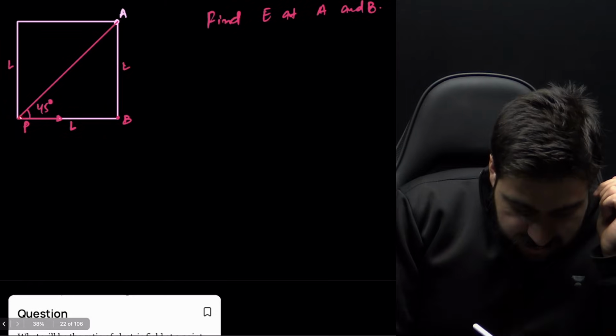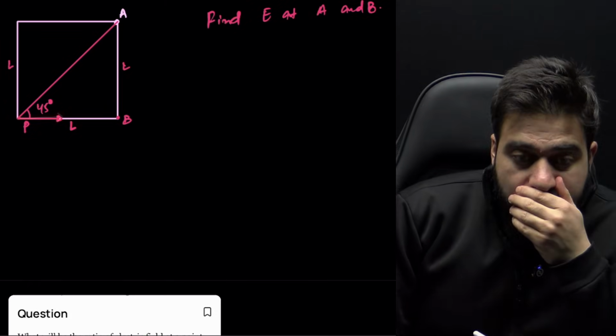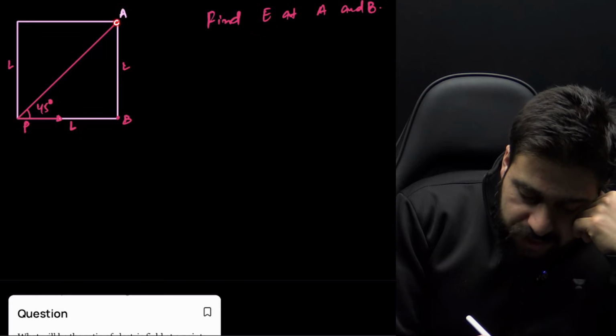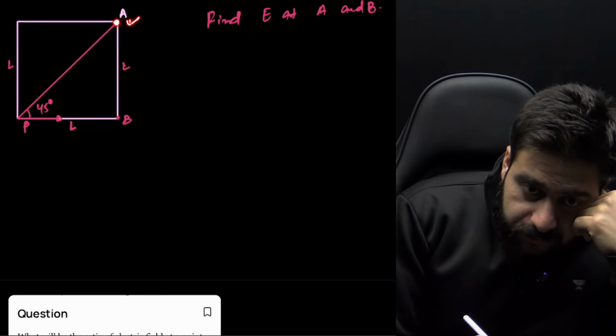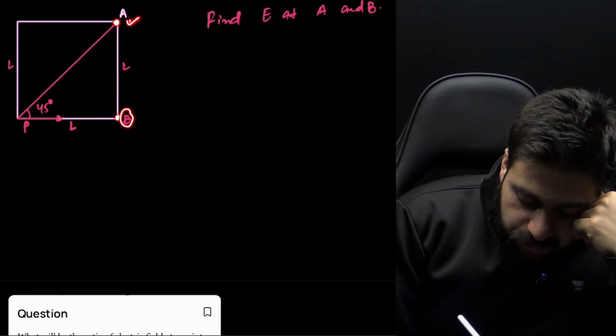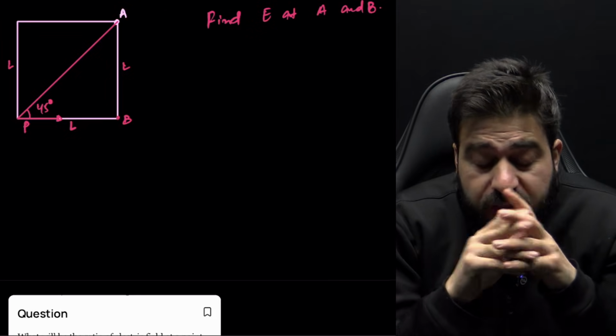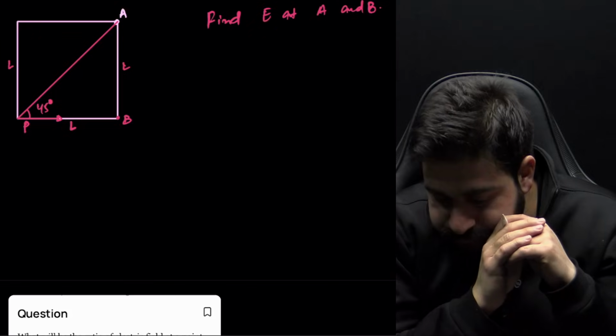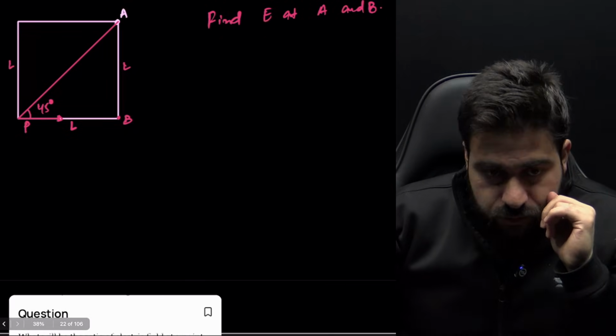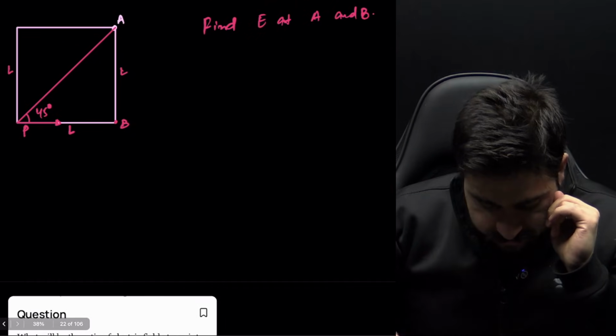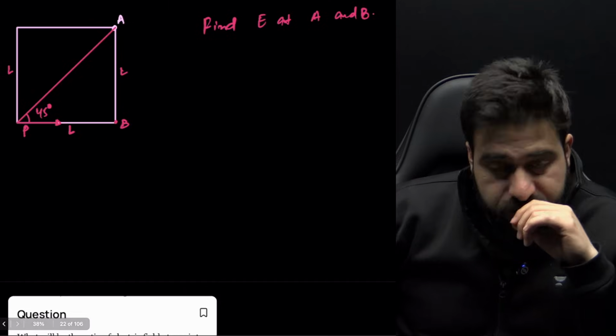You have to tell me what will be the electric field at point A and what will be the electric field at point B. A point is going to be the general point over here.